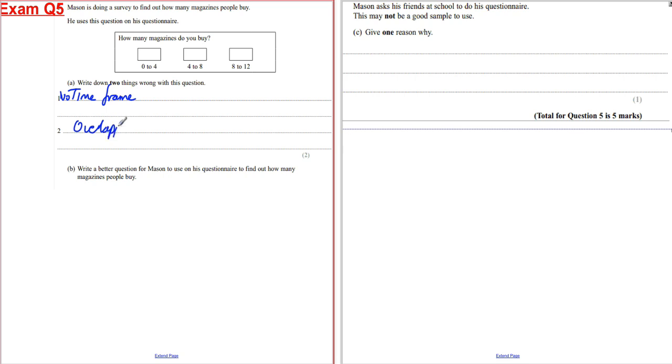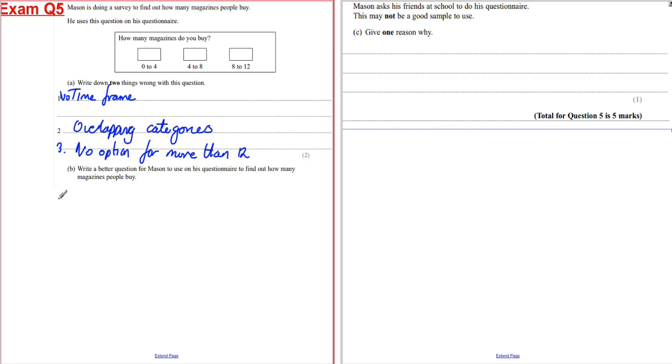This is getting very repetitive, but I'm sure you're understanding it now. Overlapping categories. And lastly, no option for more than 12. So you could have written no option for more than 12. Write a better question for Mason to use.